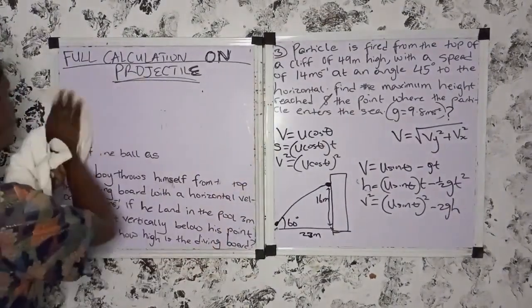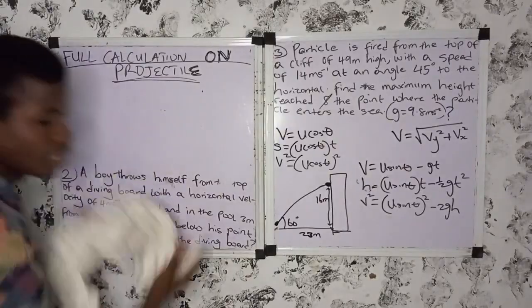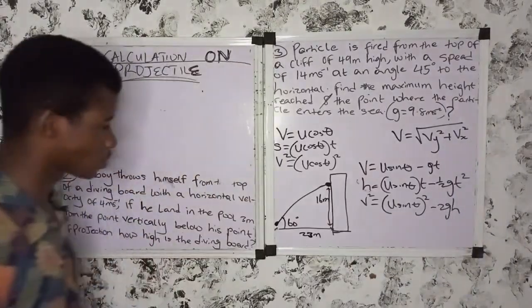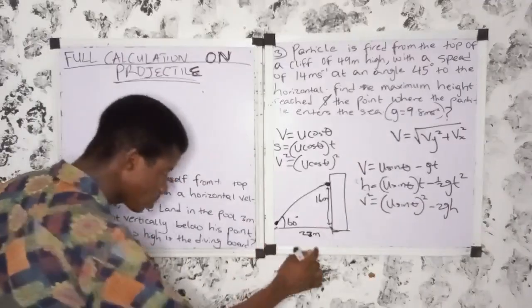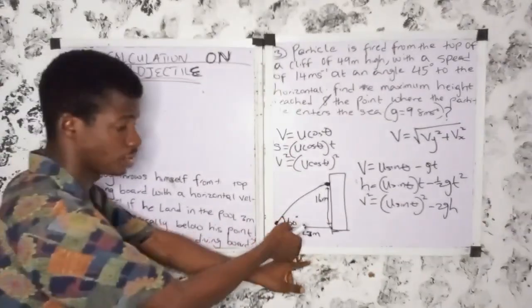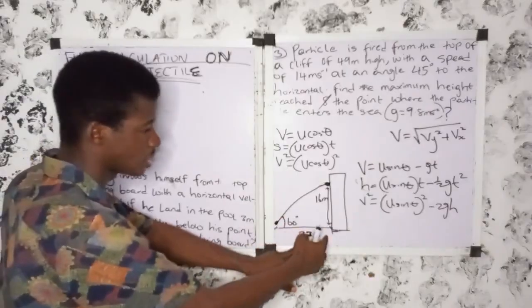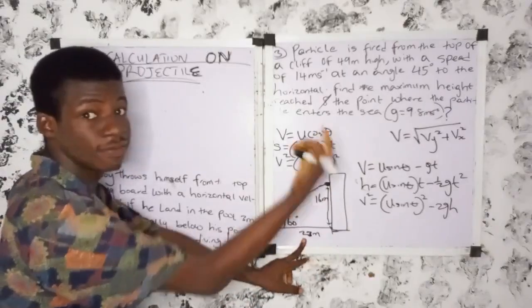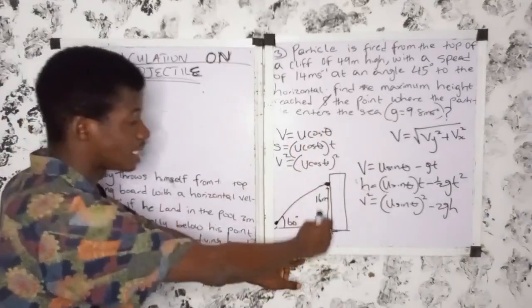Okay, so let's start now. If you look at it, this is what? This is horizontal distance, right? While this is vertical distance, or we can say this is height, right?